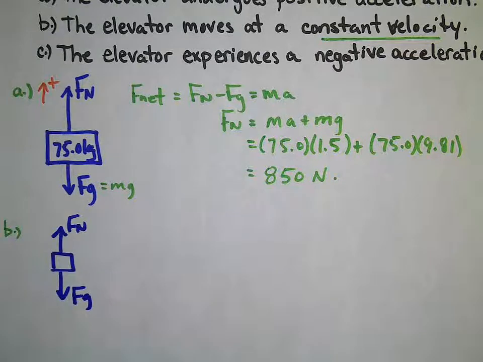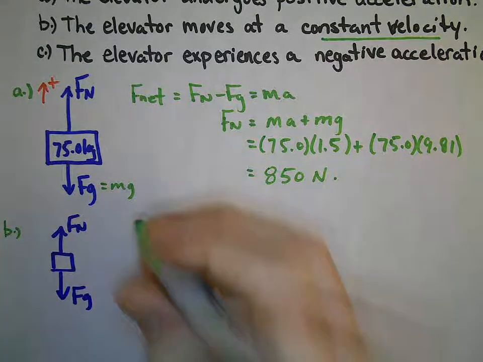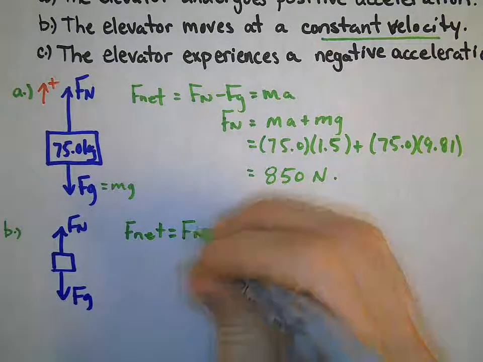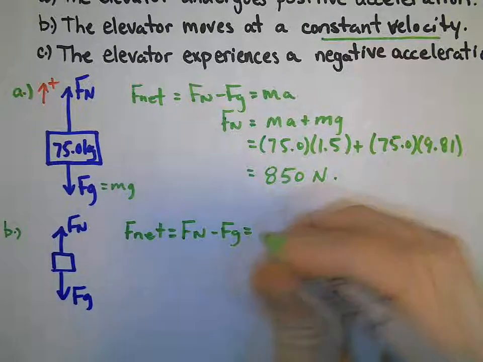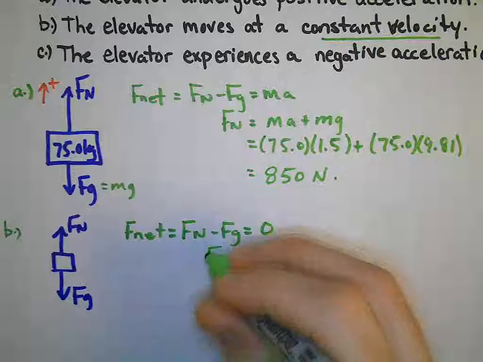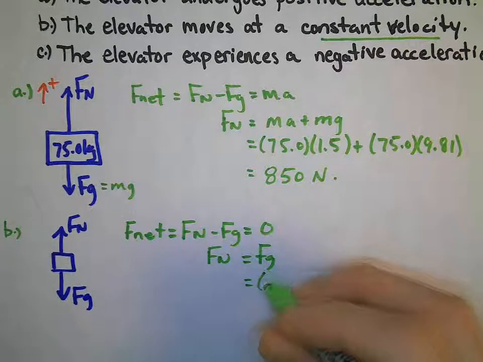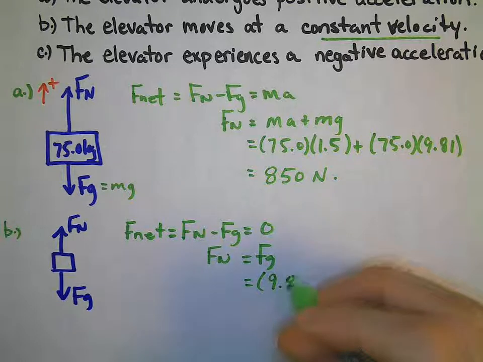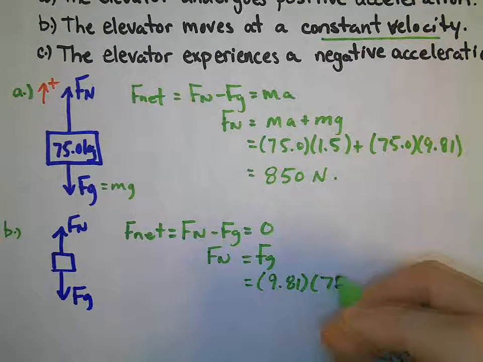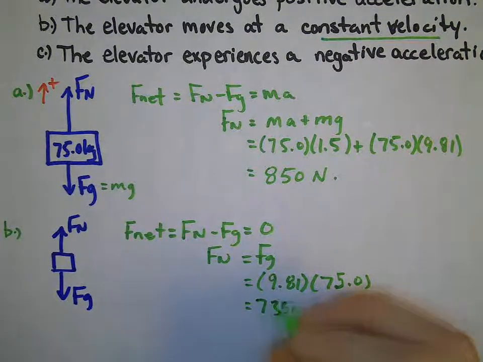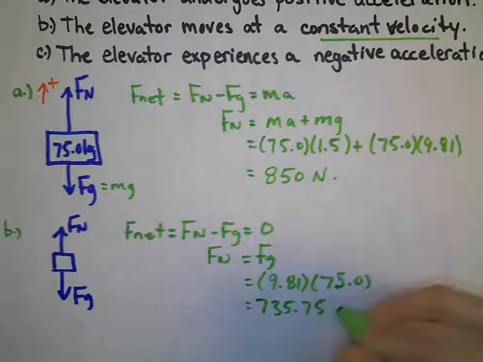So therefore, net force, Fn minus Fg, is equal to 0, and my normal force is equal to my force of gravity, so that will be 9.81 multiplied by 75.0. The apparent weight in that case will be 735.75, or two significant digits, 740 newtons.